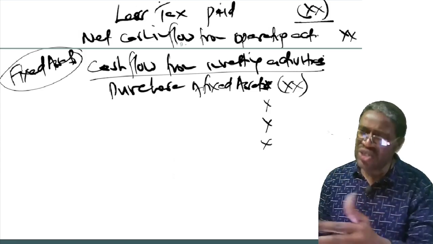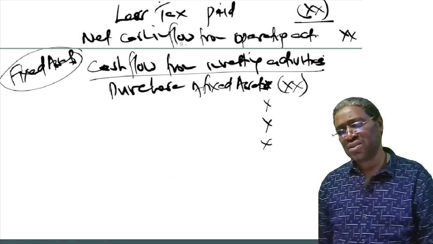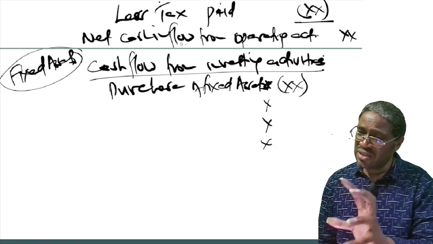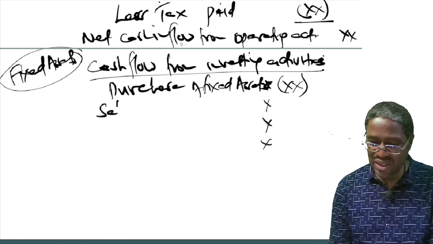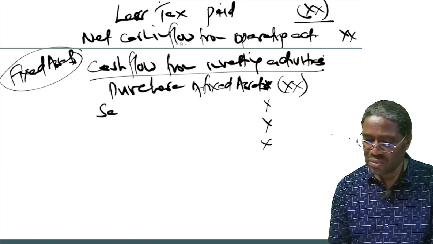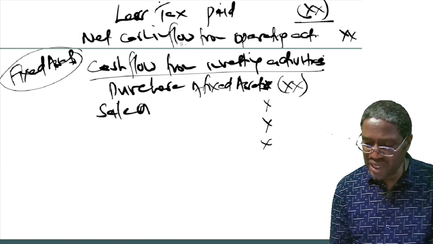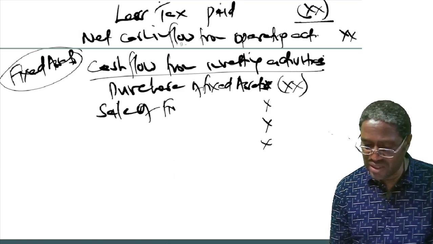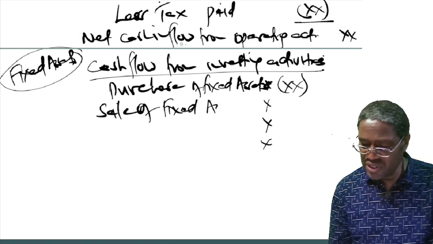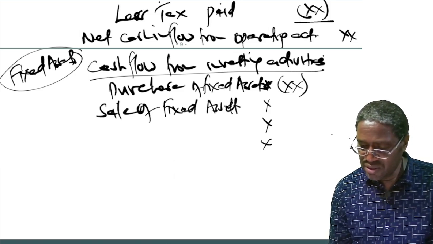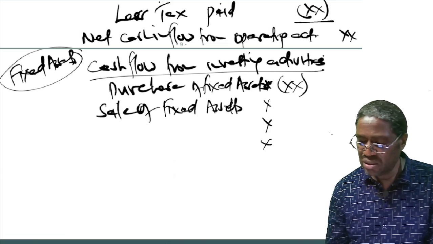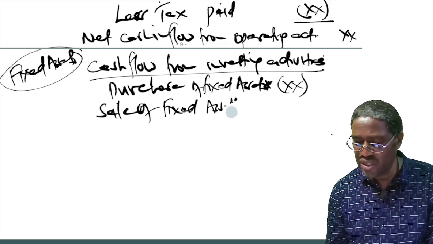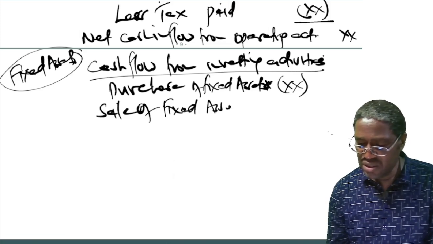Next, it could be you're selling a motor vehicle, selling furniture, selling a building. That's still a fixed asset. So we say sale of fixed assets, whether you are selling a vehicle, furniture, or building, still a fixed asset.